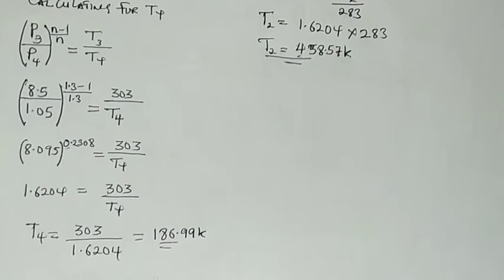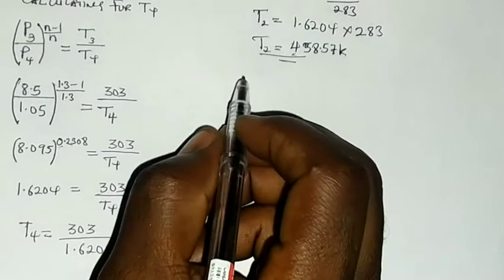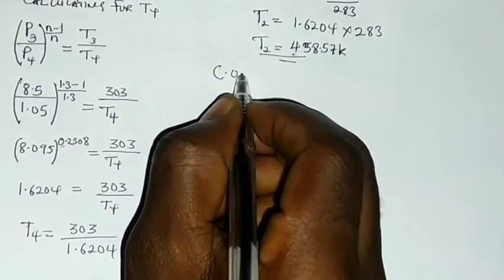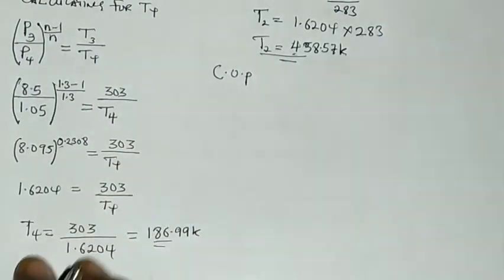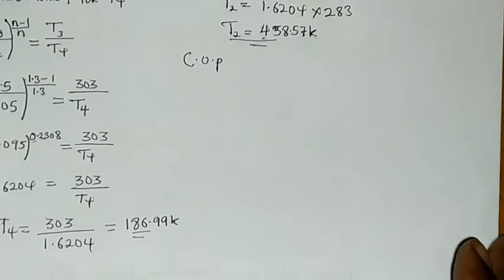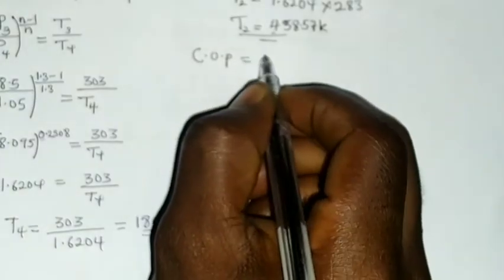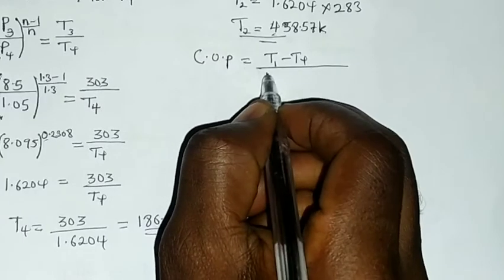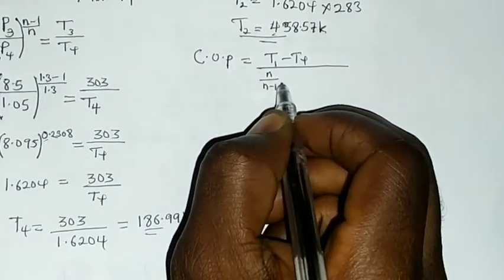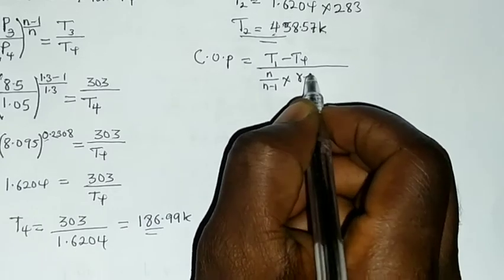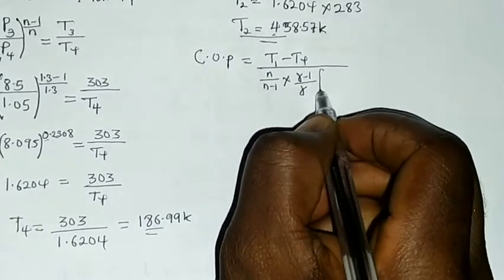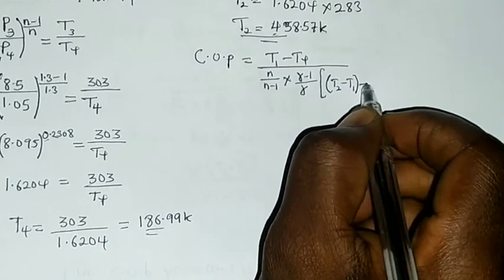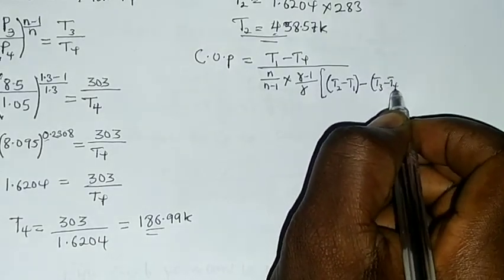From here, we can put all these values into the COP, which equals (T1 minus T4) all over (n minus 1) multiplied by (gamma minus 1) over gamma, times the bracket [n(T2 minus T1) minus (T3 minus T4)].